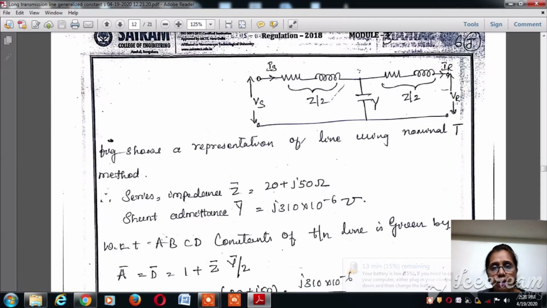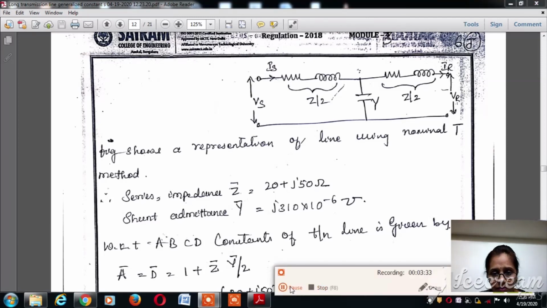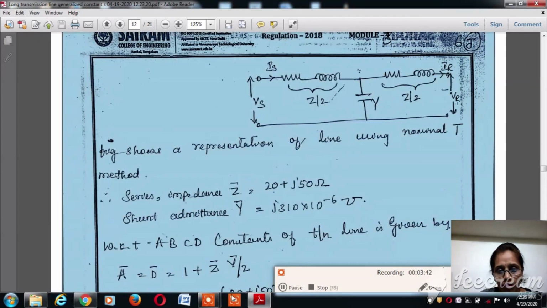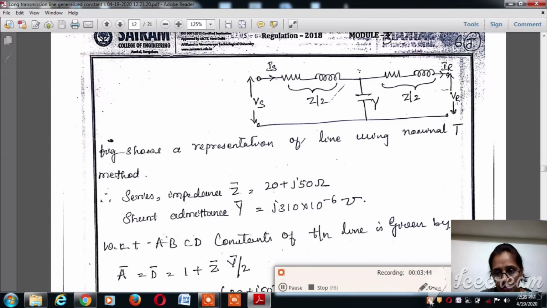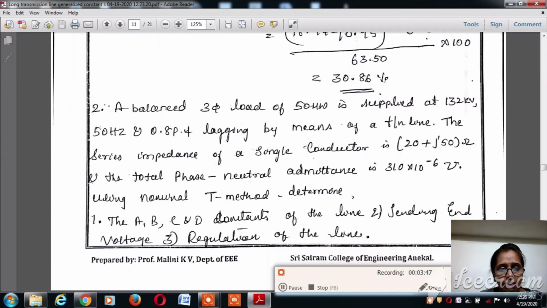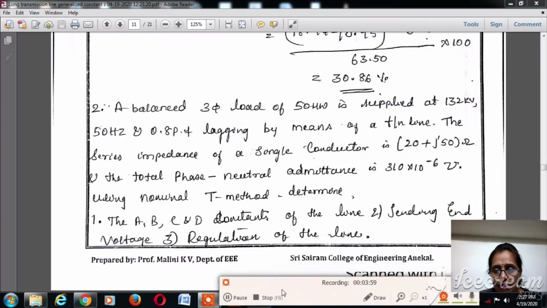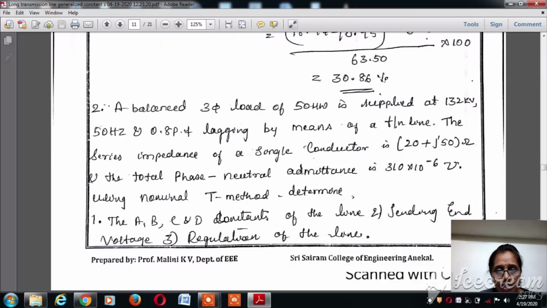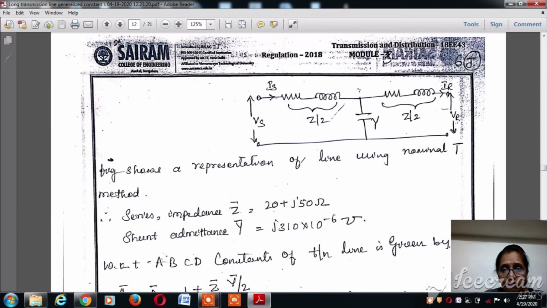Now with this we can understand that the network is given, so that is the nominal T method, and then the total phase to neutral admittance is given as 310 into 10 to the power minus 6, and the series impedance of the single conductor, 20 plus J50 ohms, is also given.